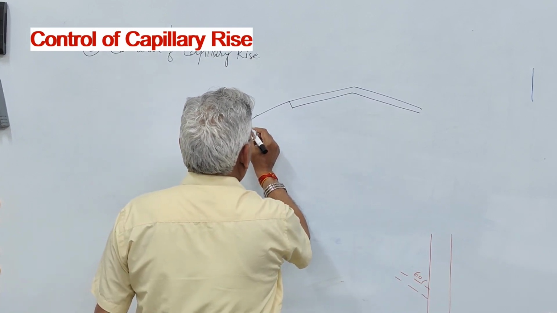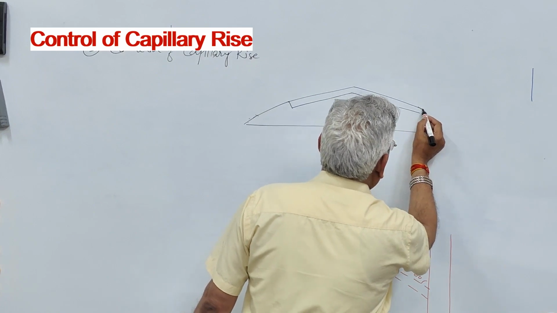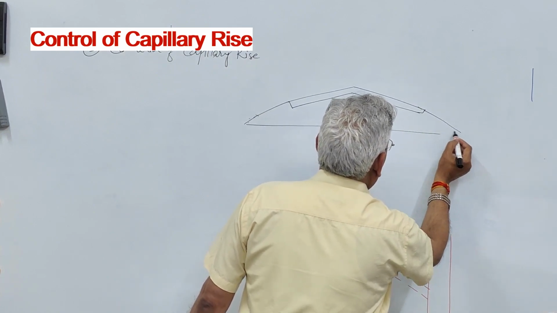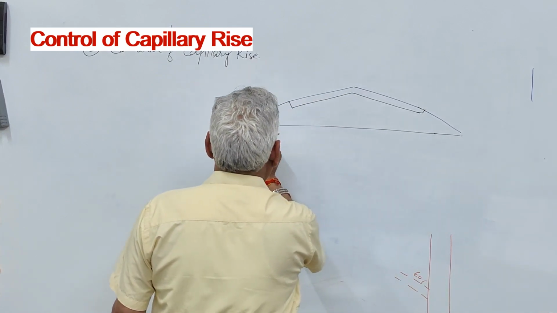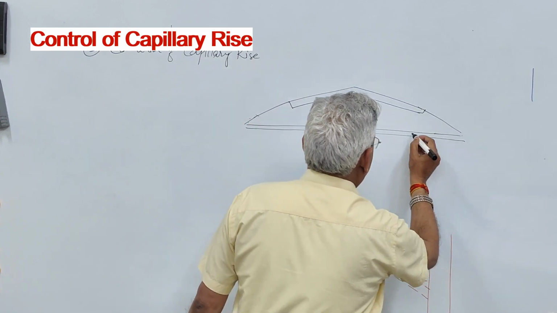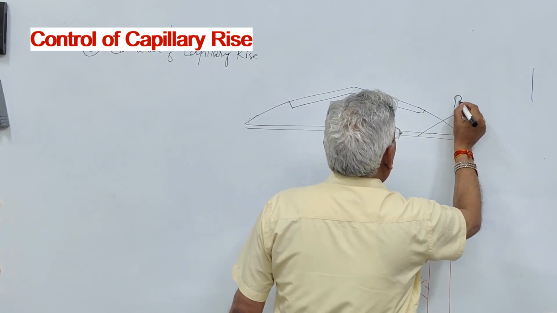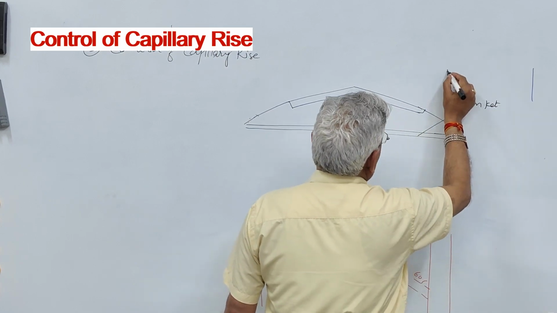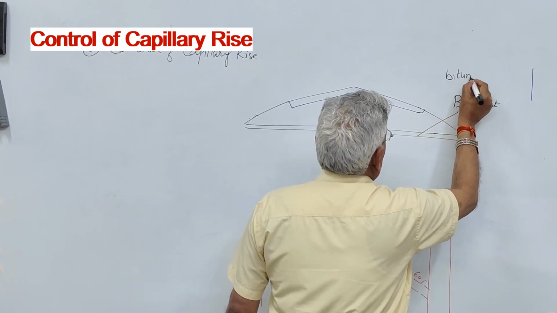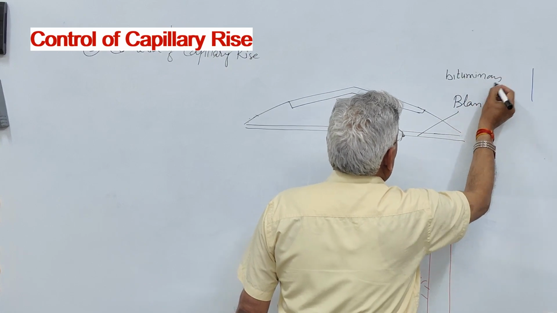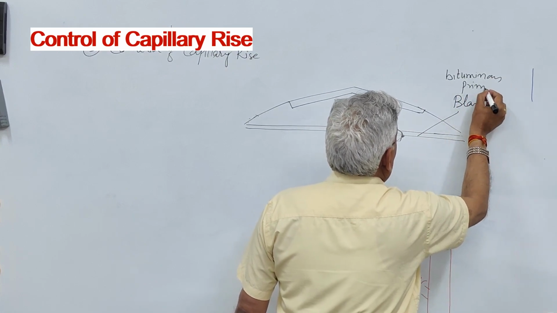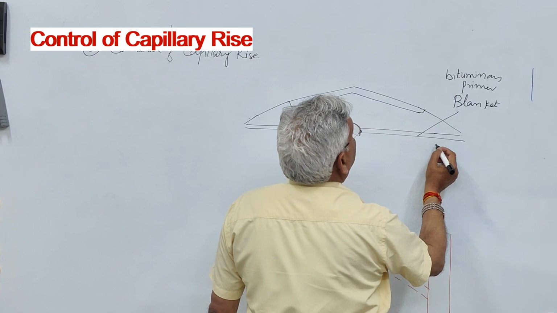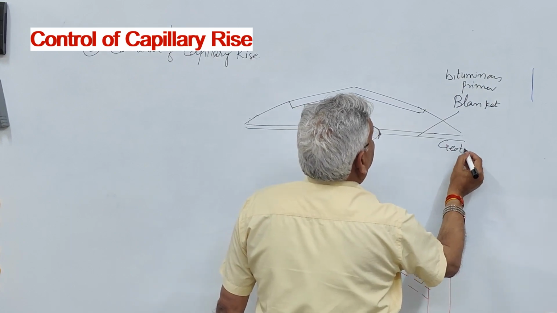So here we provide a layer of sand, or you can say blanket material, or it may be a bituminous primer, or it can be a geofabric like geotextile.